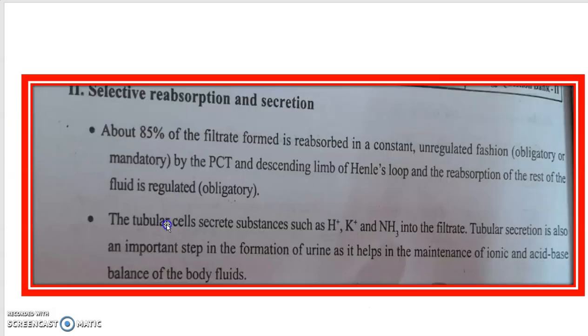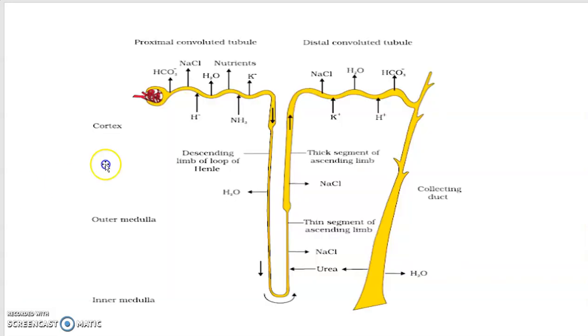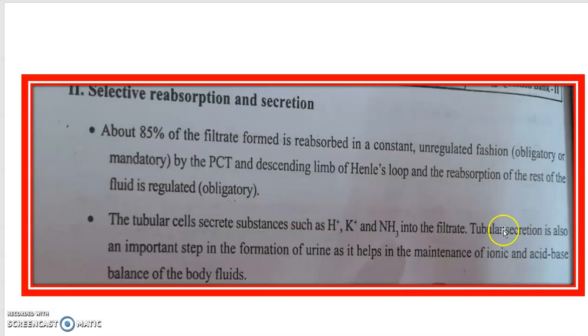The tubular cells secrete substances like H plus, K plus, and NH3 into the filtrate. Observe here. In this tube, what is present? Filtrate is formed, not urine. Primary urine is present. And tubular secretion is an important step in the formation of urine because it helps in maintenance of ionic and acid base balance of the body fluids.